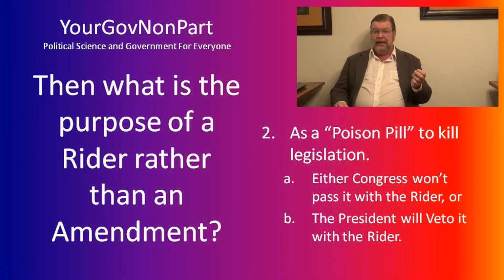The minority might attach a rider which is completely tangential to the intent of the original legislation in order to make it such that nobody wants to vote for the original legislation, or that if they do, the president will find it so repugnant that he will veto it.